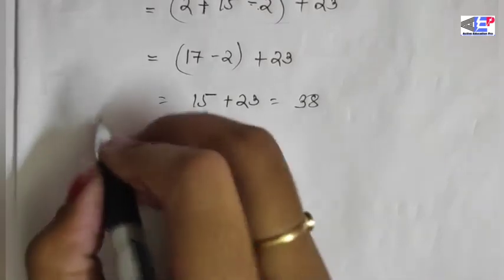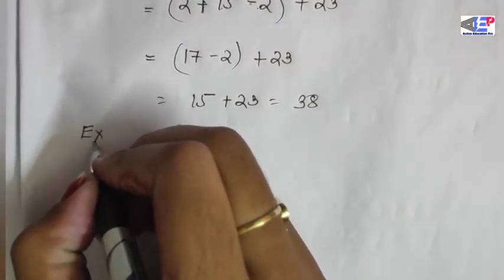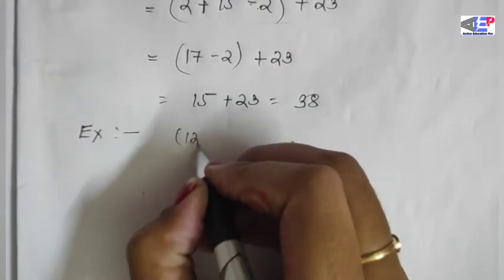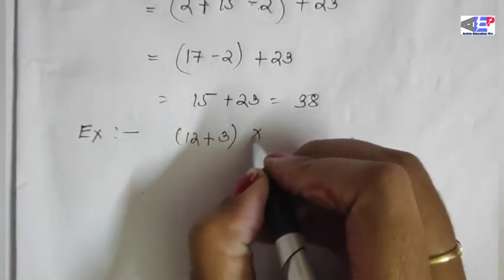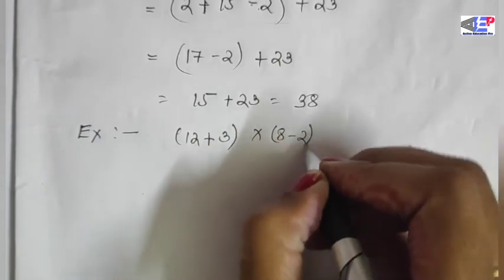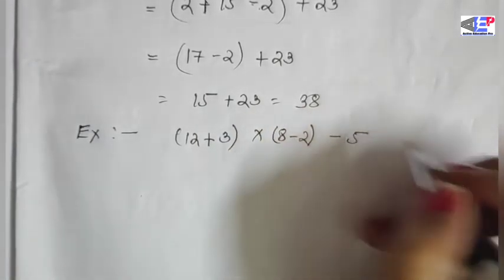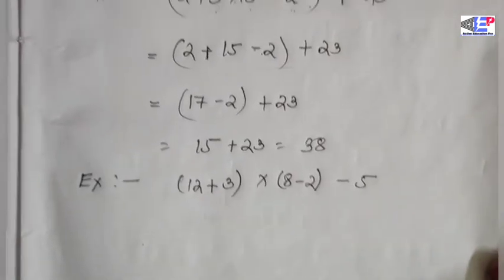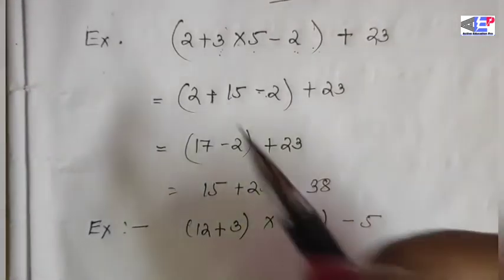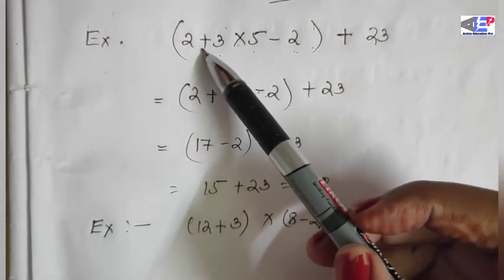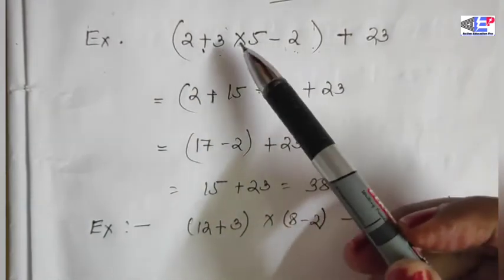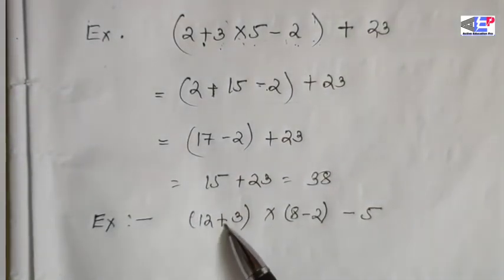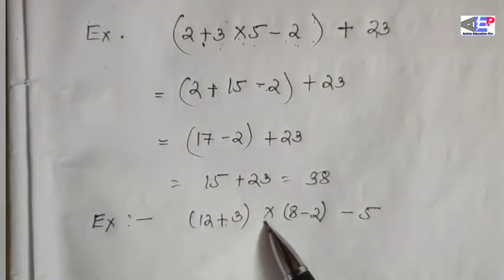Next example. (12 plus 3) into (8 minus 2) minus 5. In my previous question, there was addition, subtraction and multiplication.